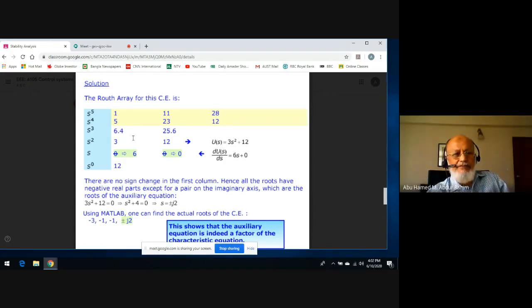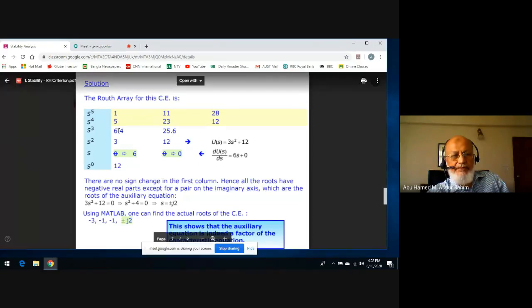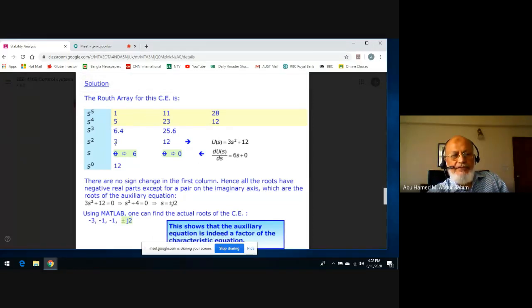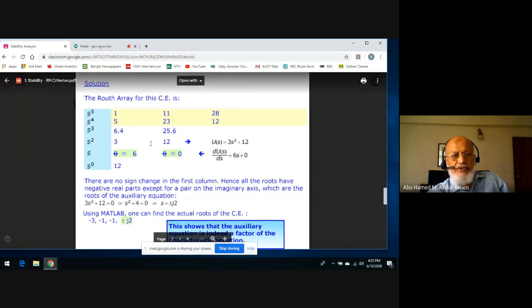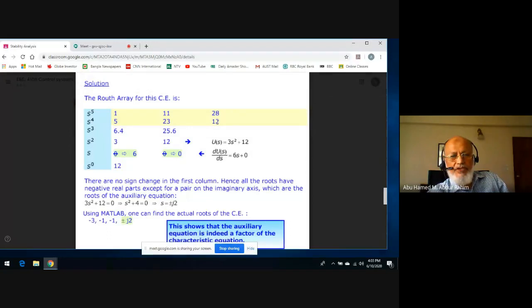Got 3. Very good. For people who did not get it, it's 6.4 times 23 minus 5 times 25.6, all of it divided by 6.4 should be 3. And then the next one, 6.4 times 12 minus 5 times 0 divided by 6.4. Obviously this is 12. So 6.4 times 12 minus 0 divided by 6.4 must be 12. So that's done.